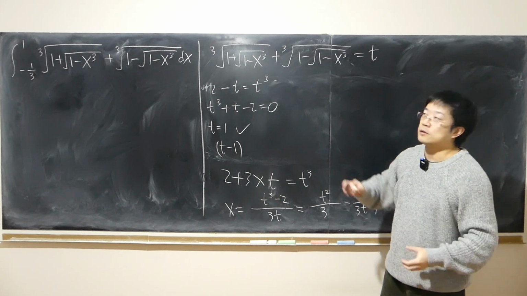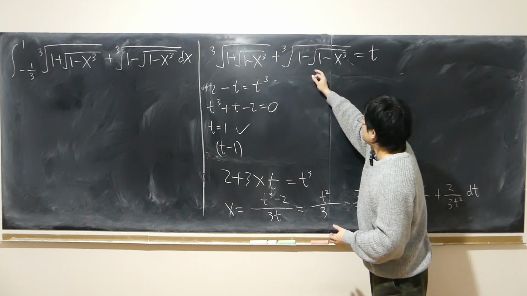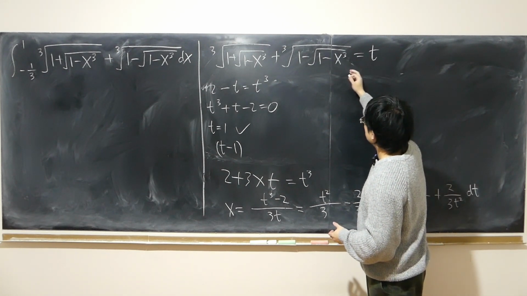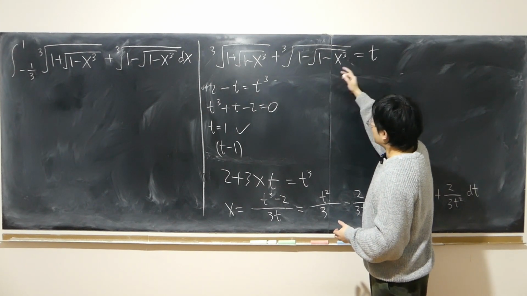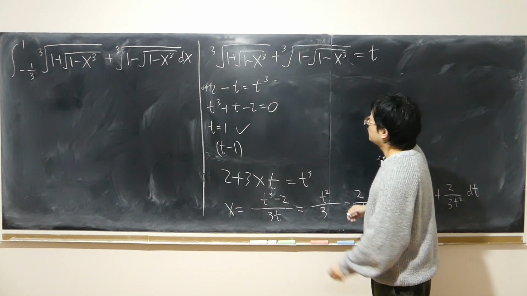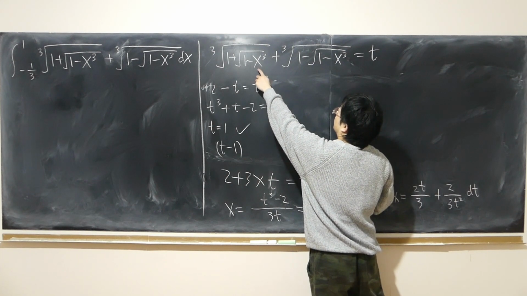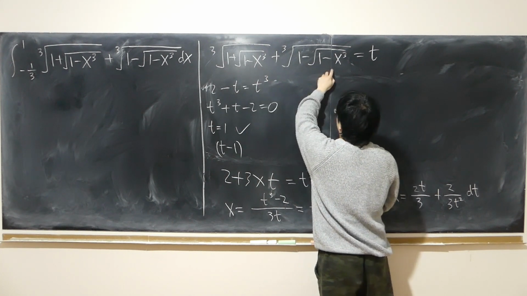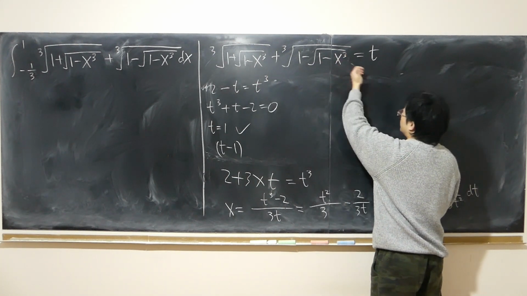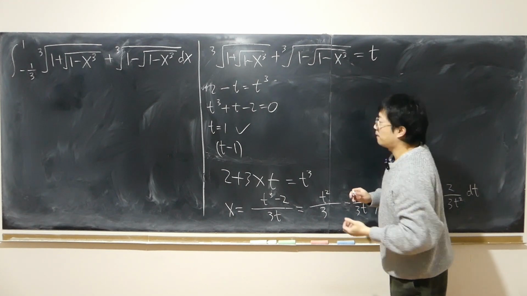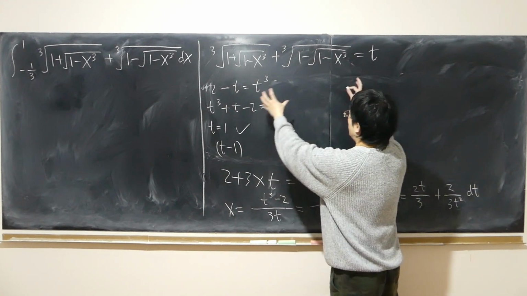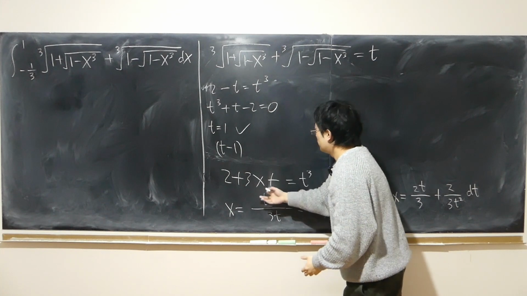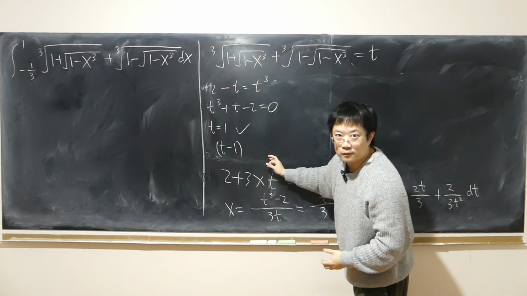The reason is because here we start from here, right? So t is like a linear. After we plug negative 1/3 into here and there, we have a linear equation in terms of t, right? But somehow after I cube both sides, I get a cubic equation, okay?